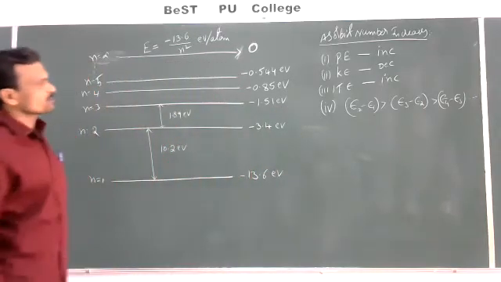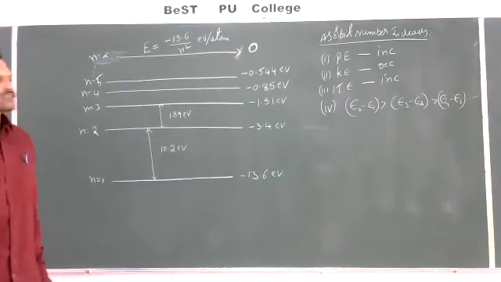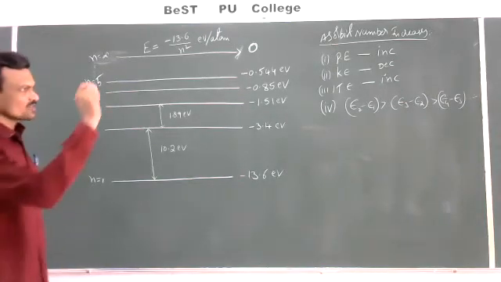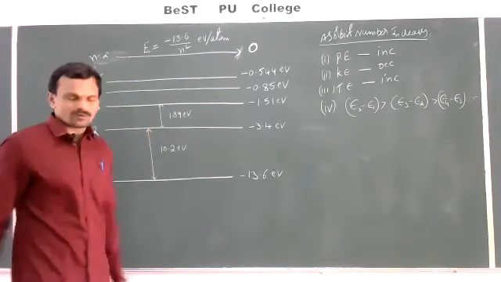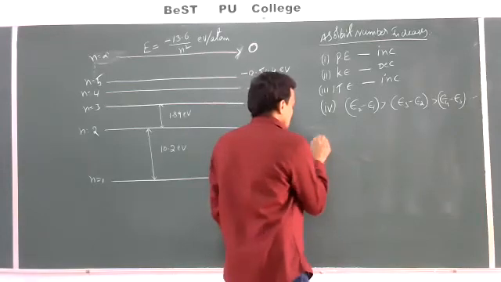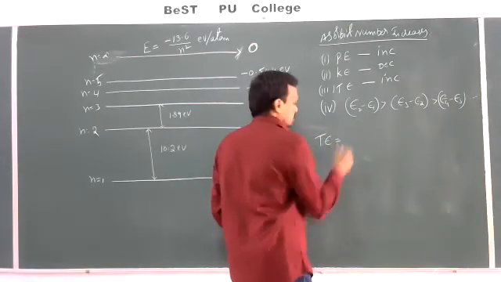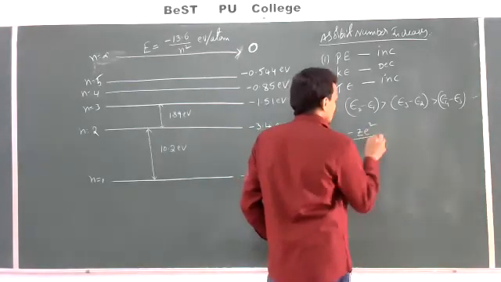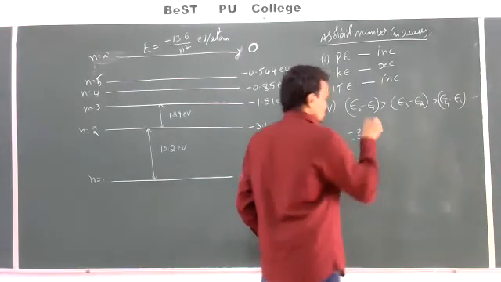Now what is the relation between potential energy, kinetic energy and total energy? What is the ratio of potential energy, kinetic energy and total energy of an electron? See here, total energy is equal to minus ZE square by 2R.